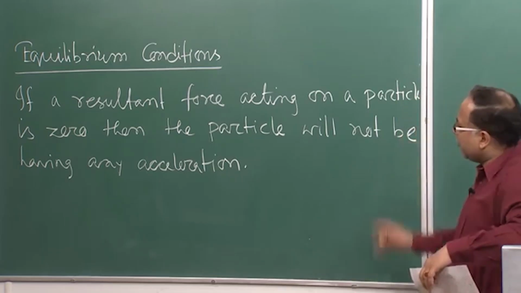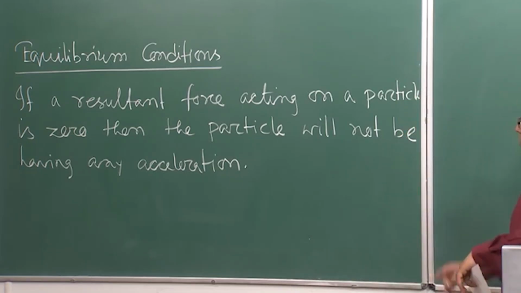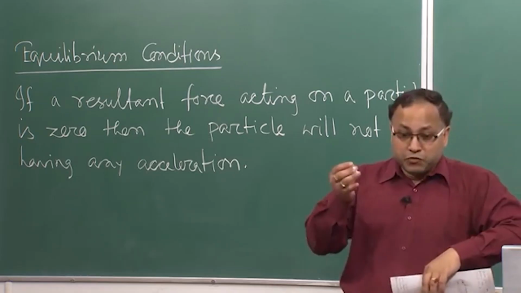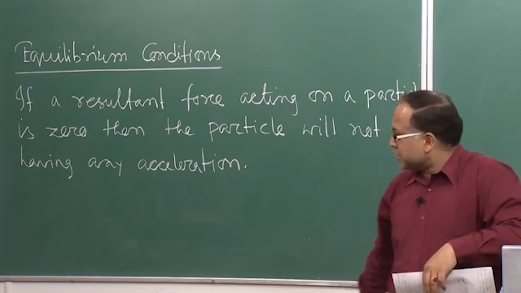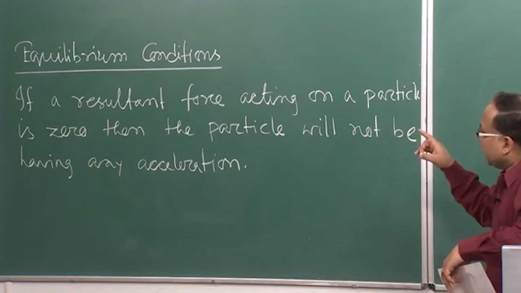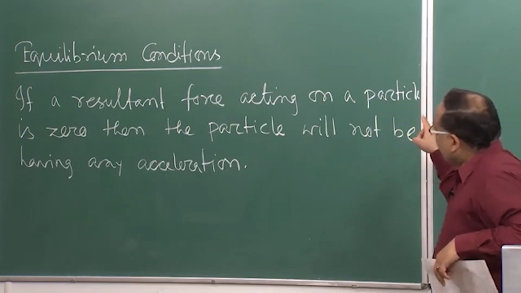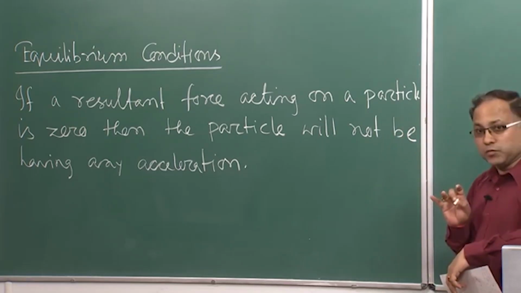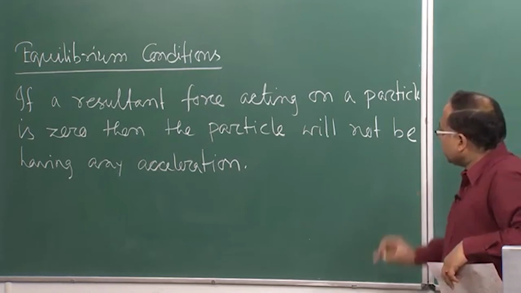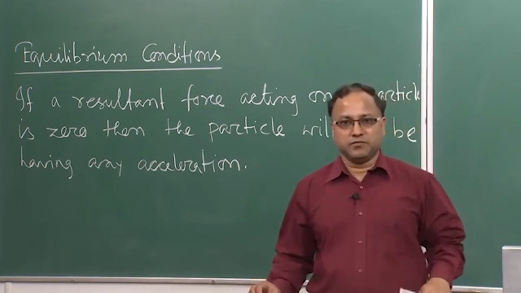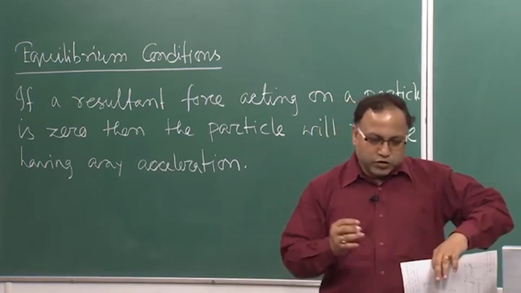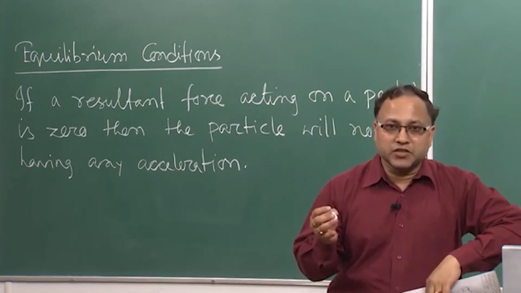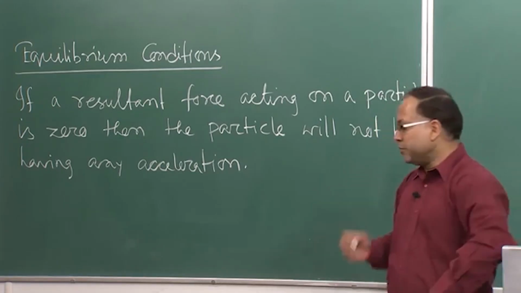If the resultant force acting on a particle, not even a whole system, even a particle in that system, is 0, then the particle will not have any acceleration, and this condition is known as the equilibrium condition.